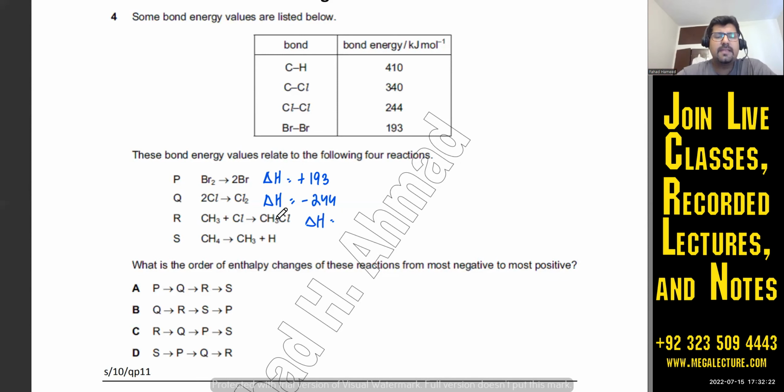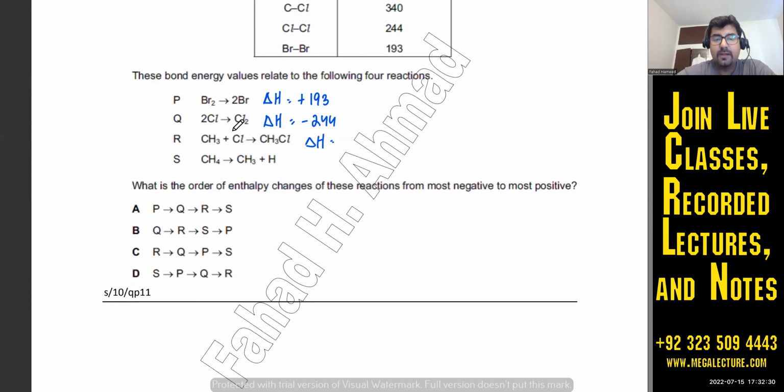You can either break all the bonds in the reactants and make all the bonds in the products. I'll do one. How many bonds are broken? That's 3 C-H bonds, right? They're broken. And how many bonds are formed?